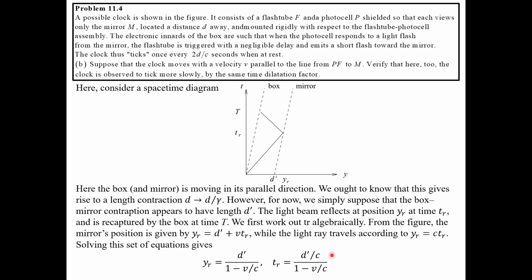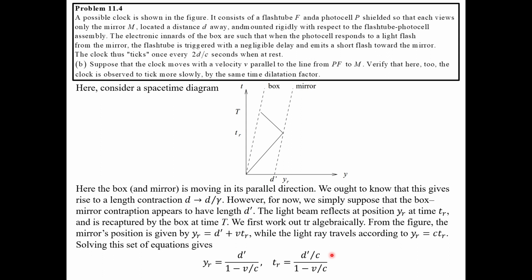However, for now, we simply suppose that the box mirror construction appears to have length d prime. The light beam reflects at position y retarded at time t retarded, and is recaptured by the box at time t. We first work this out algebraically from the figure.